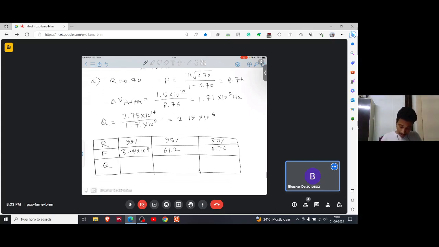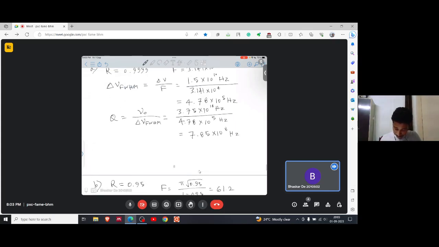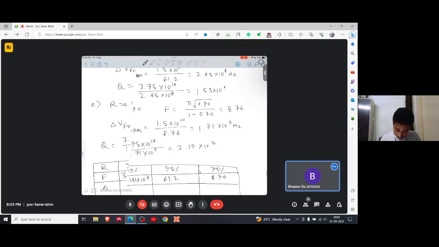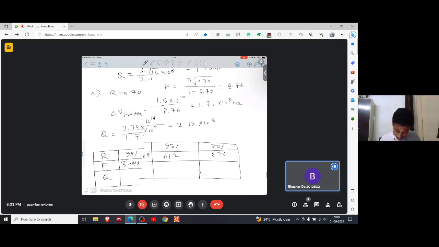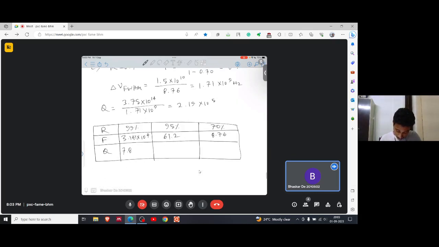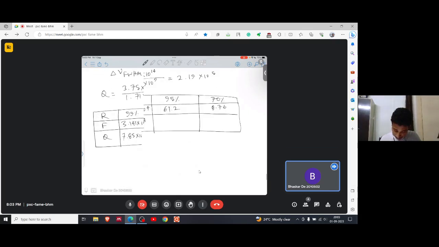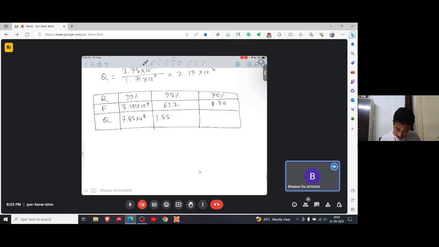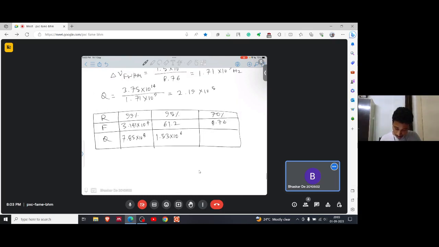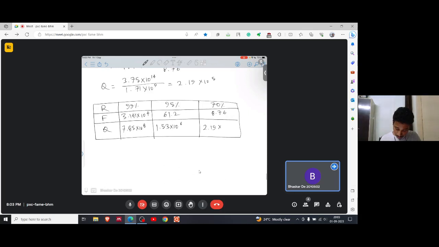Then if I write down the value of Q, 7.85 into 10 to the power 8, then 1.53 into 10 to the power 6, then 2.19 into 10 to the power 5.